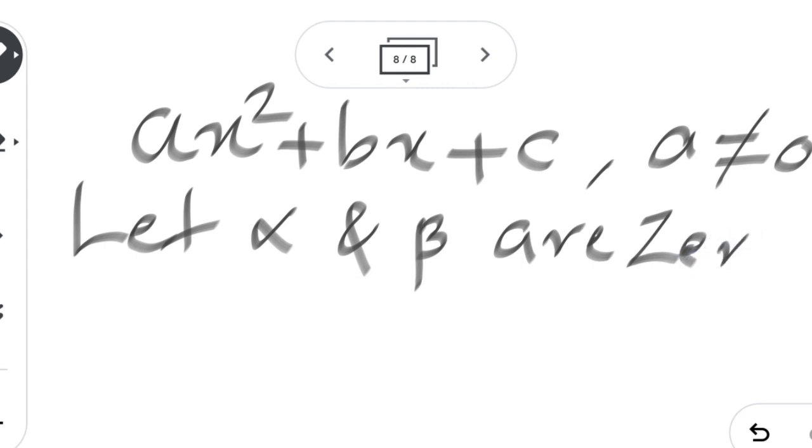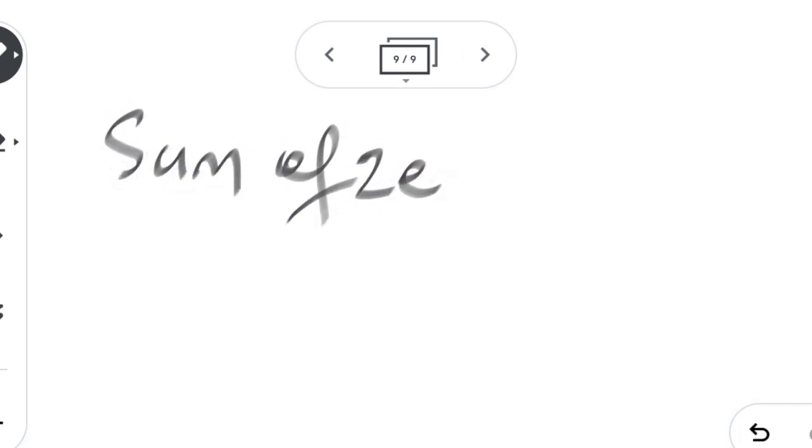Let alpha and beta be the zeros. Then what did we get? The first relation: sum of zeros equal to minus b by a.